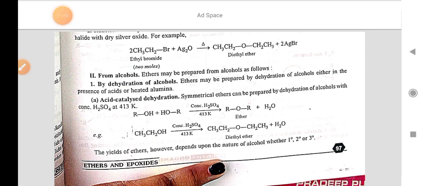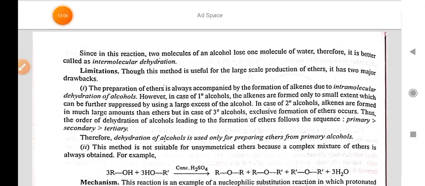The yield of ether, however, depends upon the nature of the alcohol, whether primary, secondary, or tertiary. Since in these reactions two molecules of an alcohol lose one molecule of water, it is better called intermolecular dehydration. Limitation: though this method is useful for the large scale production of ethers, it has two major drawbacks.